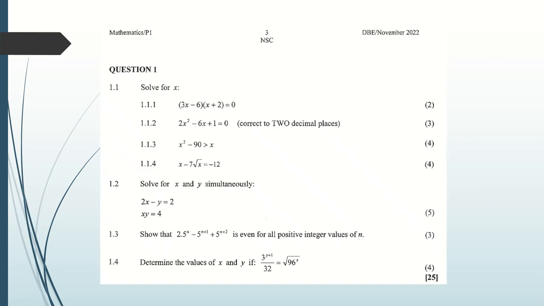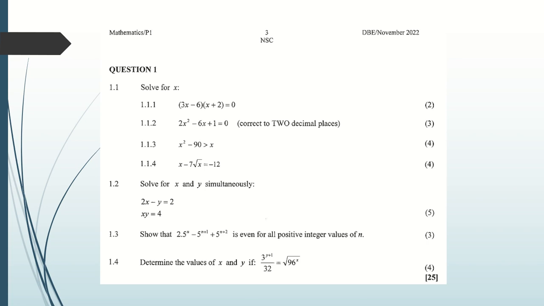So November 2022, the questions are pretty much standard, except 1.1 is quite interesting because we are not given the quadratic equation in standard form that you usually get. There's also some interest in 1.1.4, given that we have a surd equation but the surd is not isolated.